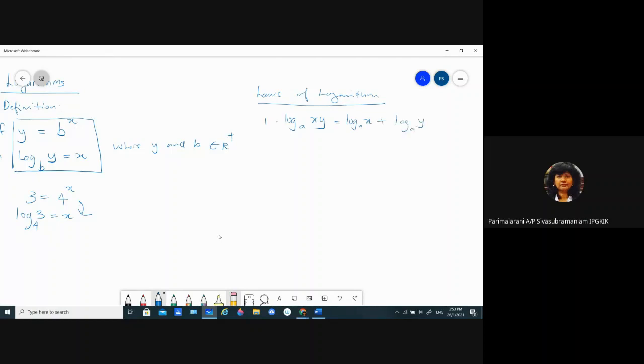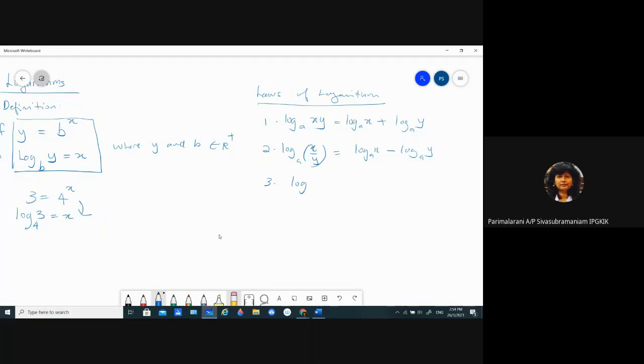Any base, whether it's 10 or 2 or anything, when you have log x times y, you can expand it as log x plus log y. Second law: log x over y base a is equal to log x base a minus log y base a. Just like just now, x divided by y becomes minus.